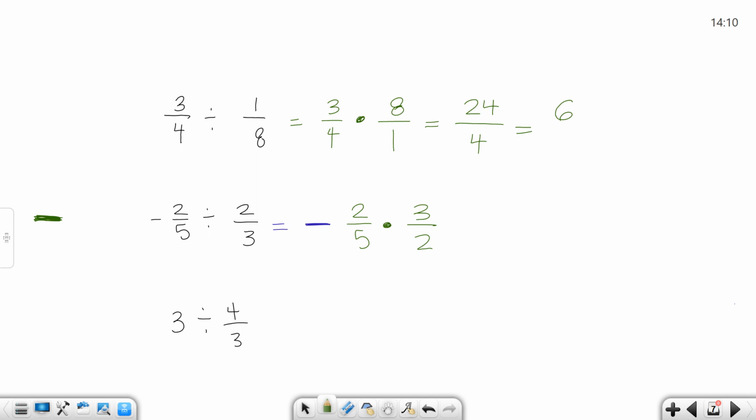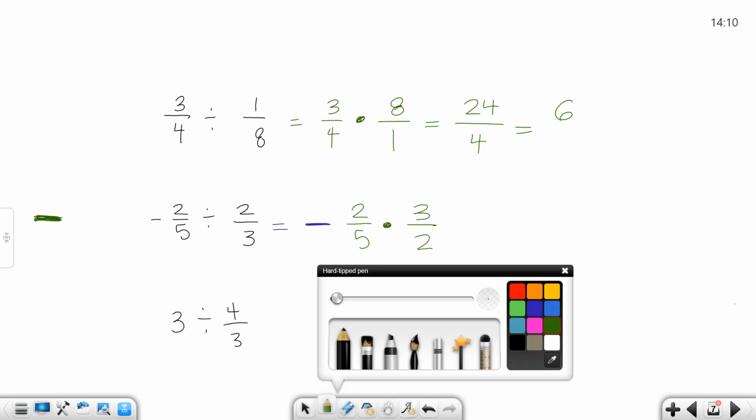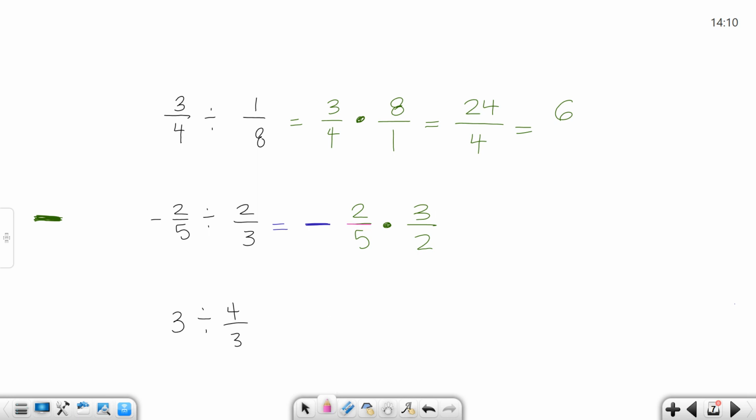Now, you're welcome to multiply across the top and get 6, and multiply across the bottom and get 10, and then reduce. But you can also do it this way. Remember that I can reduce anything in the top with anything in the bottom if they're opposite sides. So a 2 and a 2 reduce, those go away. 1 in the top, 1 in the bottom. And so this would leave me with a negative answer, remember, 3/5.